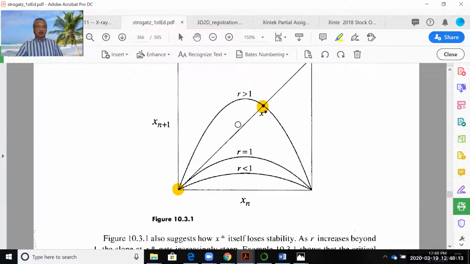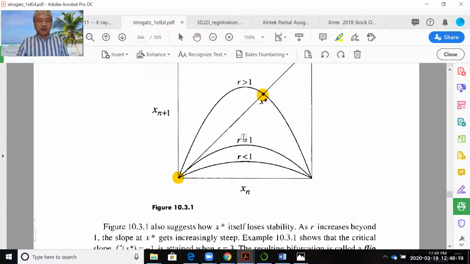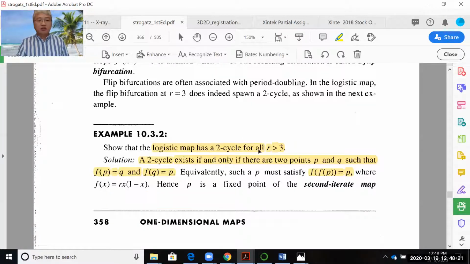Then what will happen is we develop period doubling. Period doubling basically says, well, I think we have done this: we have two values P and Q. If the mapping of P equals Q and the mapping of Q equals P, therefore if we map twice, we map P once, map again, then it comes back to itself.